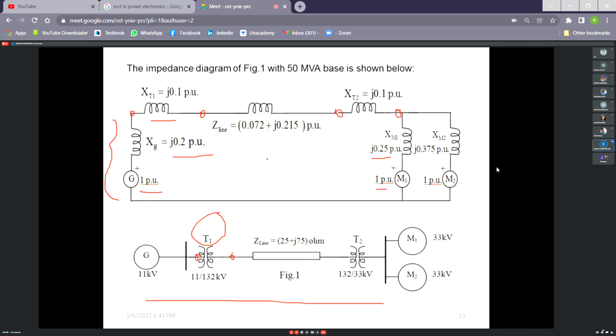When you go through the different chapters, then this concept will be developed in your mind slowly. So this is the part of the per unit system. So the per unit system is actually the basics of learning power system in an interconnected mode.